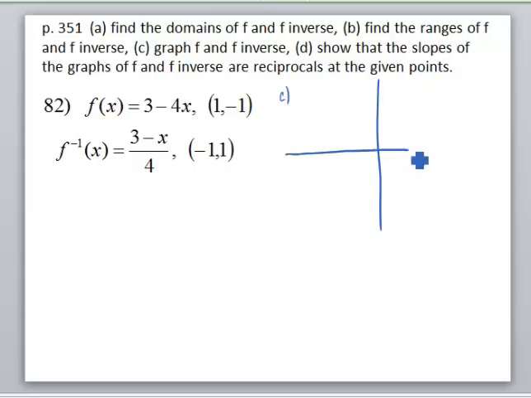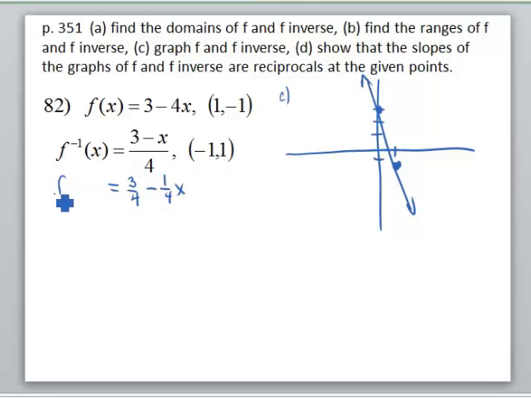These are both lines. This is a line that passes through 3 and has a slope of -4, so down 4 over 1. This is the graph of 3/4 minus 1/4 x.